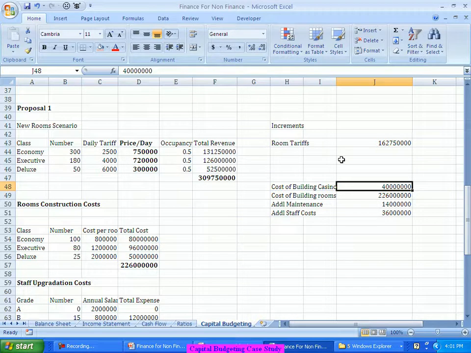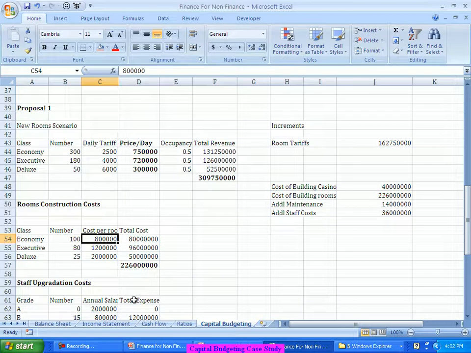Then what else is the cost? Cost of building rooms. How many rooms am I building? We are building 100 economy rooms, 80 executive rooms and 25 deluxe rooms extra. And economy is costing me 8 lakhs per room.